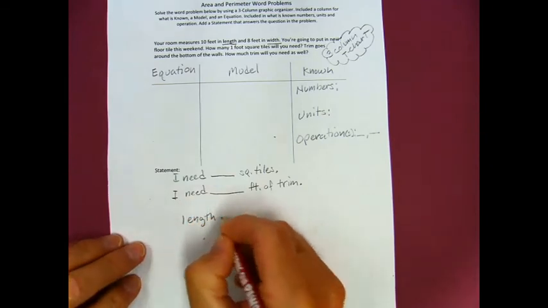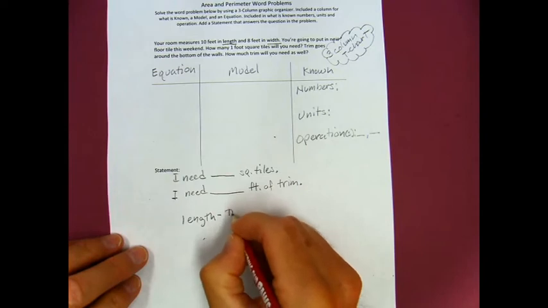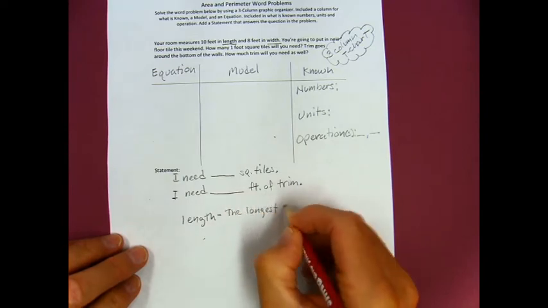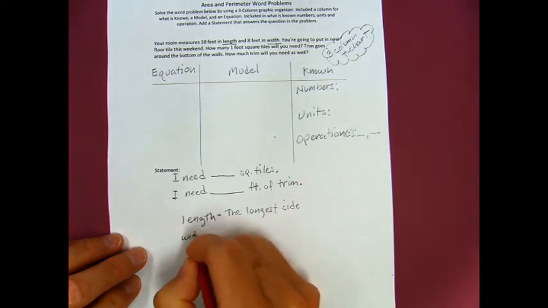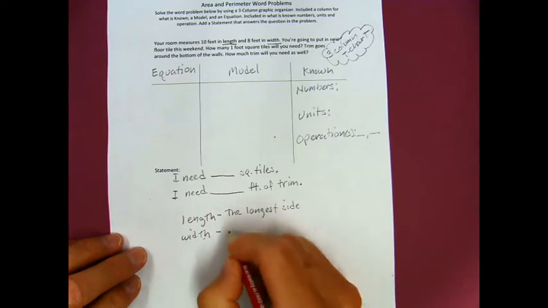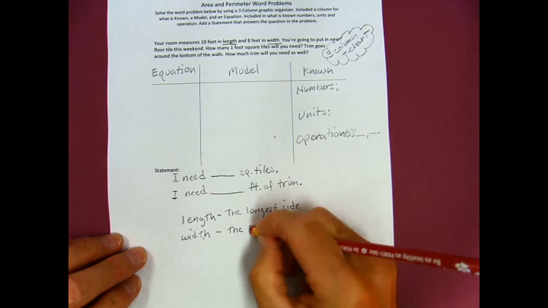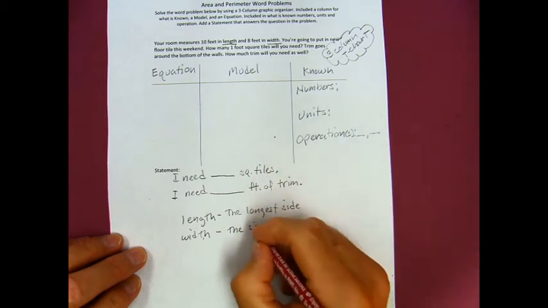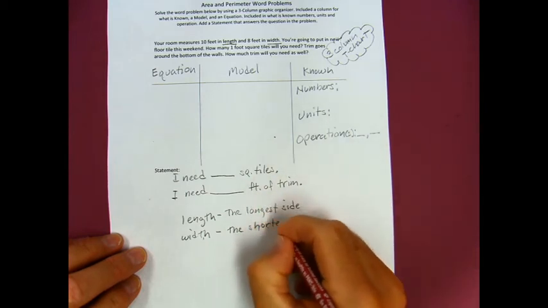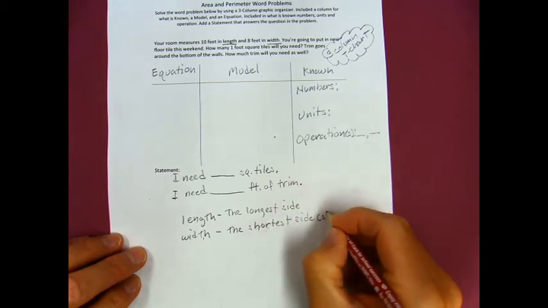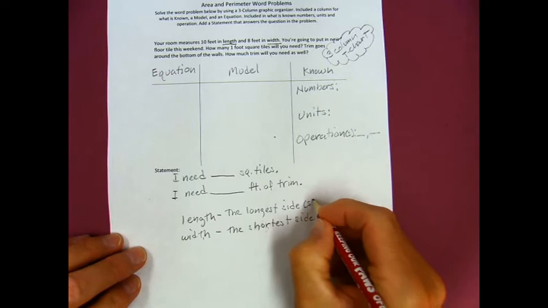Length is the longest side. And width is going to be the shorter side, or the shortest side. Sometimes there's more than one.